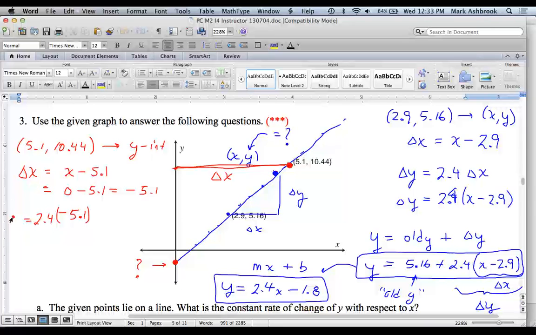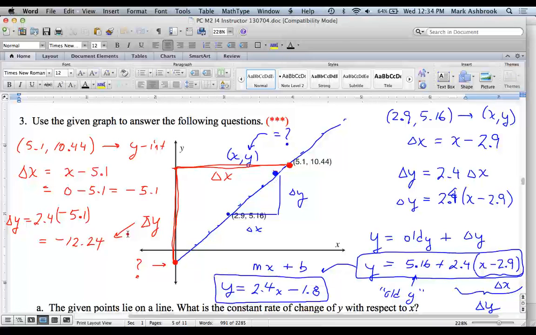I mean, what are we finding? Oh, change in y. So the change in x is our negative 5.1 to get back to that y-axis. Corresponding change in y will be? Meaning we'll go down negative 12.24 from that point. So it's right there. That's our change in y, and it's negative 12.24.